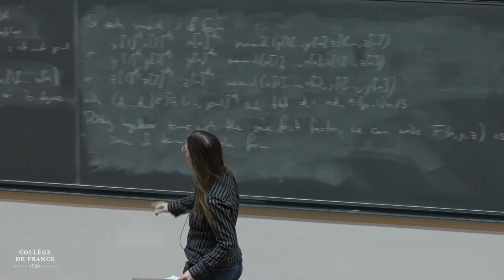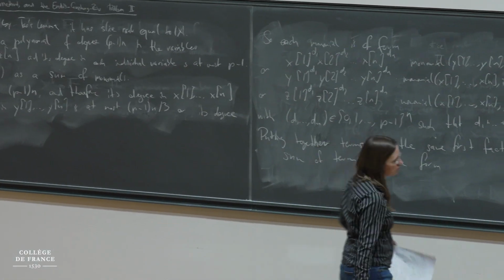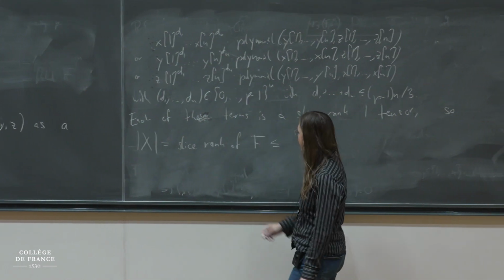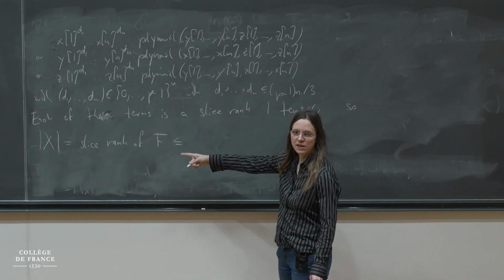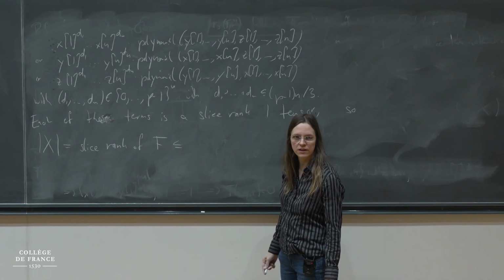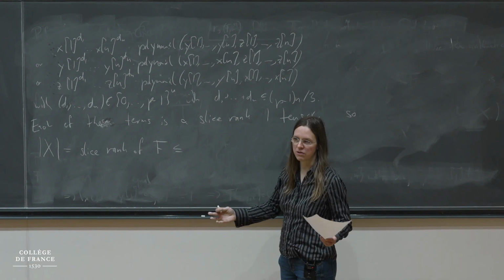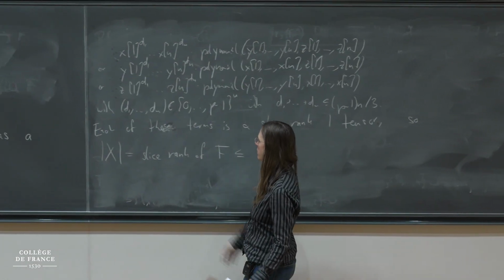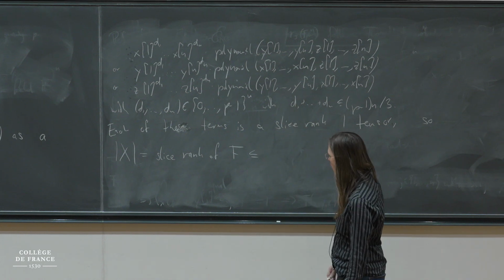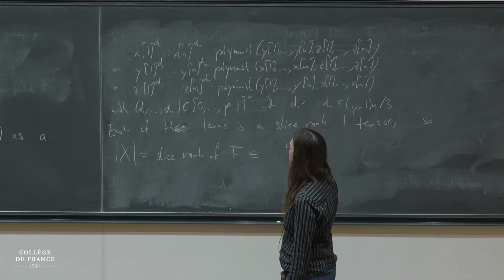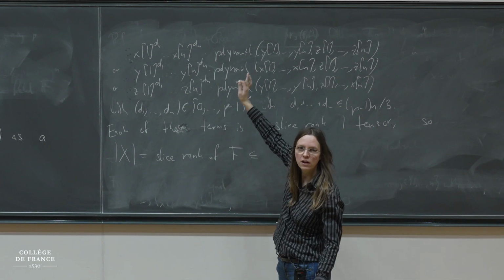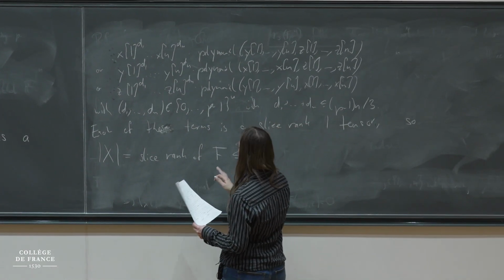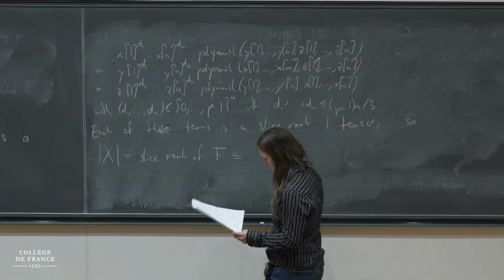We wrote that somewhere here. F has slice rank equal to x, but on the other hand, we can now upper bound the slice rank of f because we found a representation of f as a sum of slice rank 1 tensors. Maybe that's not the optimal representation. Maybe there's one with even fewer terms, but certainly the minimum number of slice rank 1 tensors required in order to get f as a sum is at most the number of terms here. And so that means we got an upper bound for the slice rank of f. So the slice rank of f is at most the number of terms in this representation.